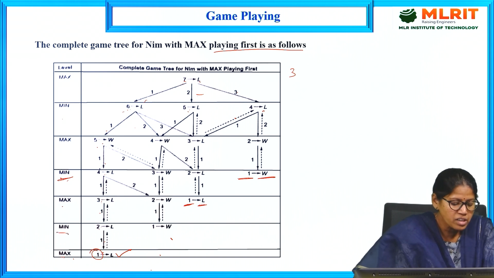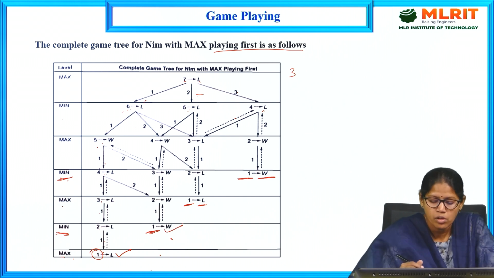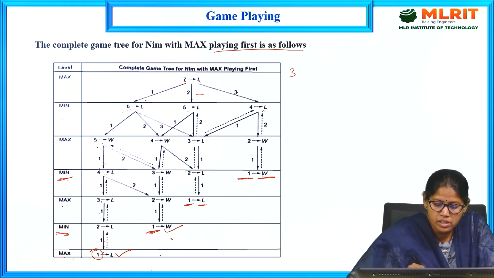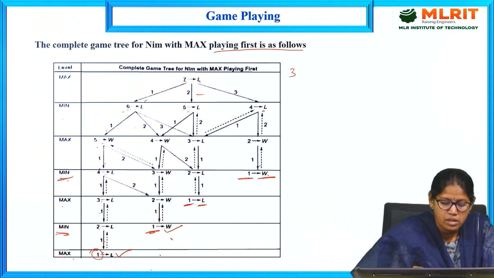The same way, here min is taking the last matchstick, so according to the max point, it is a win. So let's look at one by one. At a max level, if any one successor is a win, then it is a win.